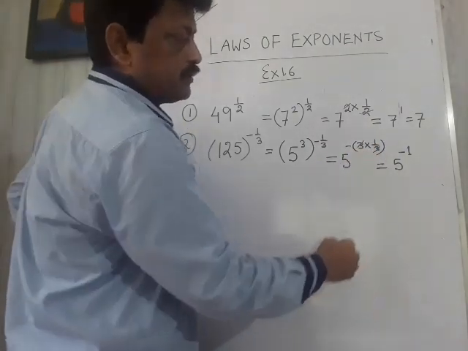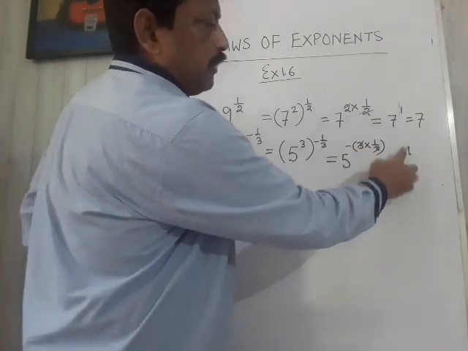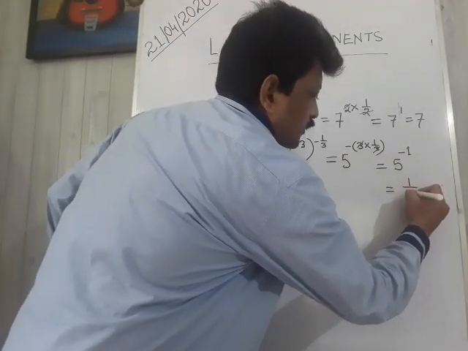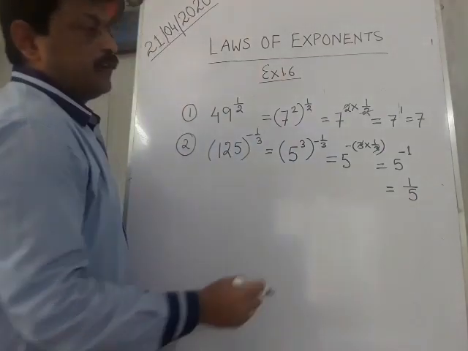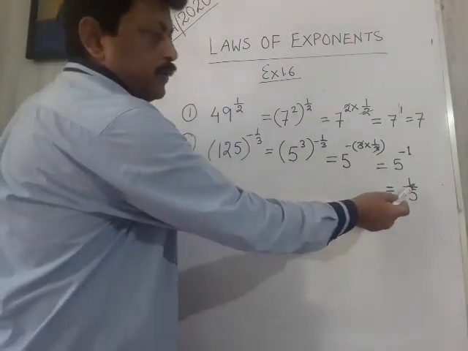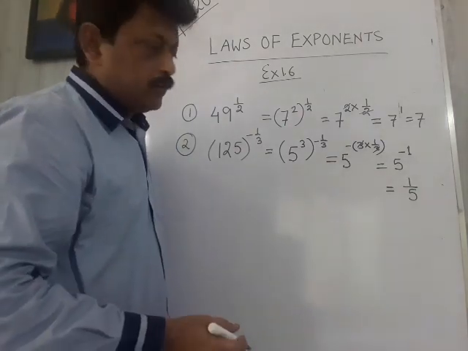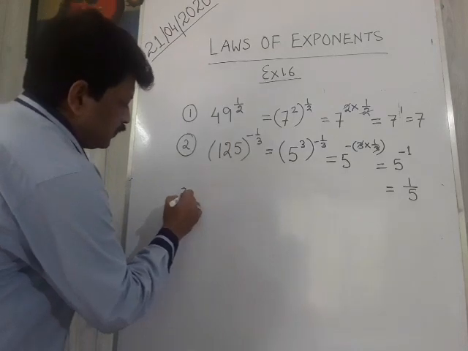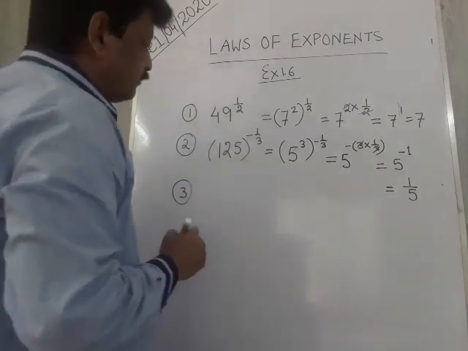So 3 will be cancelled. This will become 5 power minus 1, and the law of exponent says that if a number is having negative power, then the number will become the reciprocal of itself. So the answer is 1 by 5.